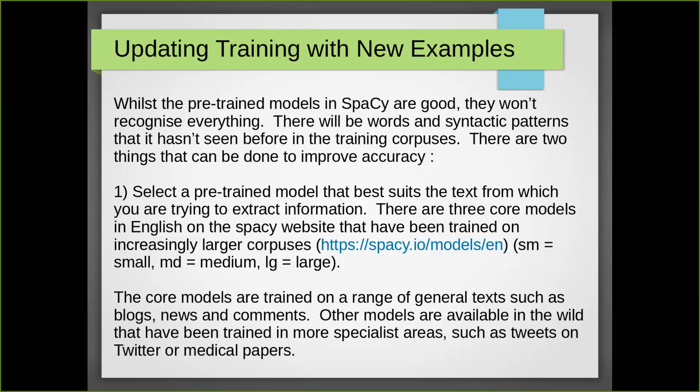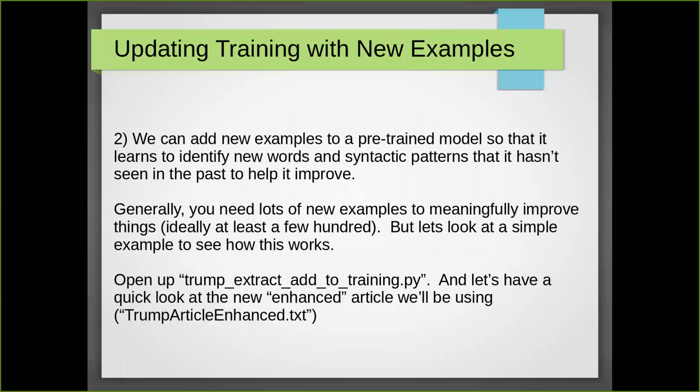By picking one that's been trained in a particular special area, you may find it's a more natural fit for what you're trying to do and get better accuracy right out of the box. But even so, you're probably still going to want to update the training to improve it for your particular examples.